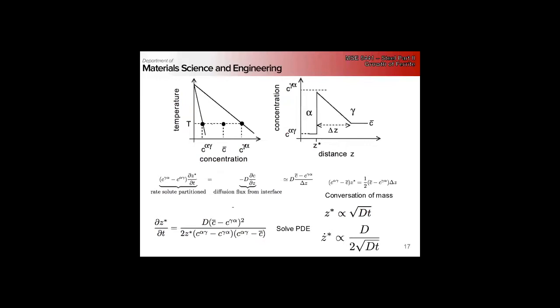The mechanism for this is that you're rejecting carbon, piling up carbon in front of your ferrite. That means you have more that you have to diffuse away to be able to nucleate.